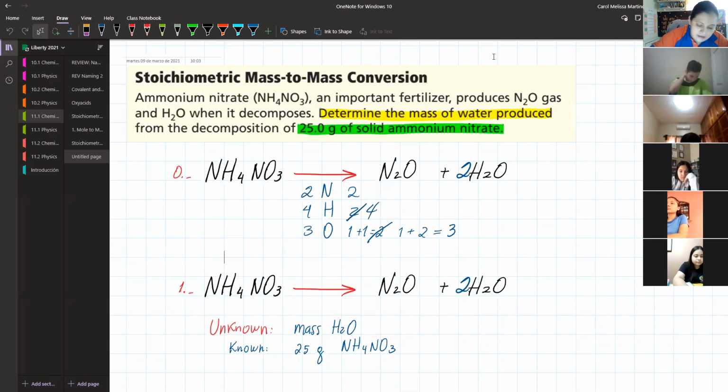Now that I have related both substances, water and ammonium nitrate, I'm going to do the molar ratios, okay? So that is going to be my second step.